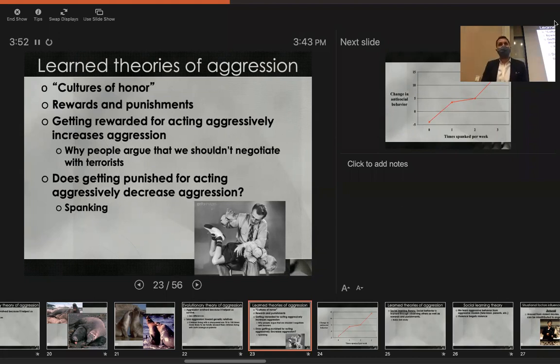On the other hand, the parent themselves is using aggression to get what they want, okay? So it could potentially teach the child that you can use aggression to get what you want in the world. And so the question is, what is the effect of spanking? Is spanking going to decrease aggressive behavior or increase aggressive behavior?